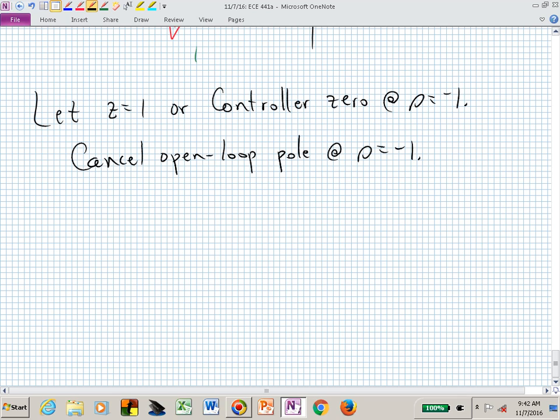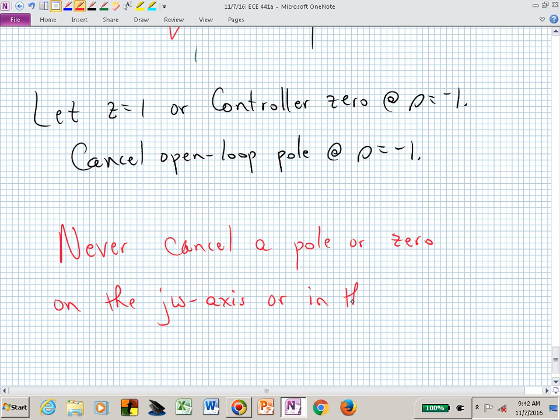That will give us unfavorable behavior between maybe the disturbance input and the output. It will be unstable. So let me try to make that as clear and dramatic as possible. Never cancel a pole or zero on the imaginary axis, the j omega axis, or in the right half plane.